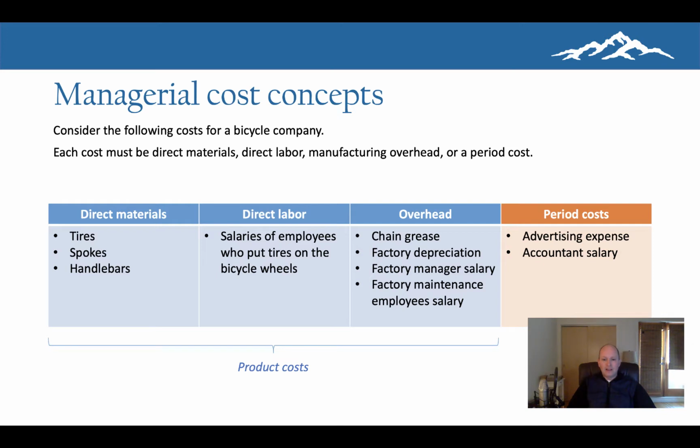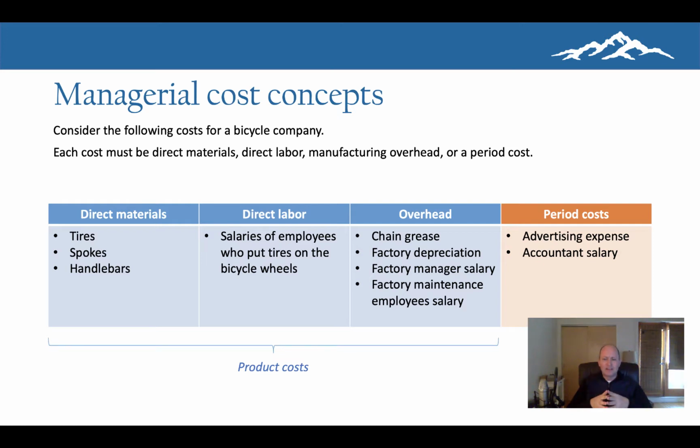Factory manager salary, this could be the foreman or the safety inspector or things like that. That job needs to exist to make the product, but you can't tie it directly to a specific product. Same with factory maintenance employees. But all of these, direct material, direct labor, manufacturing overhead, they're all examples of a product cost.